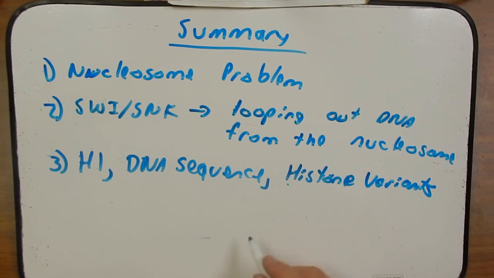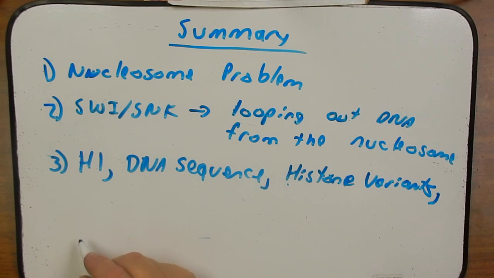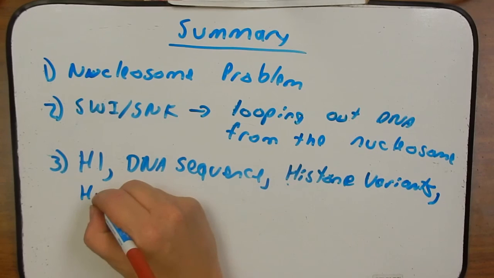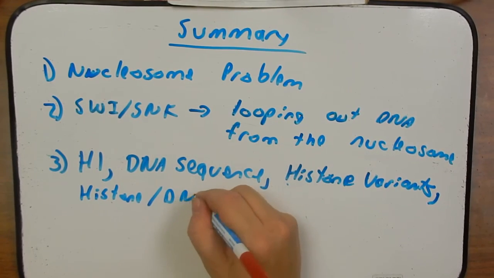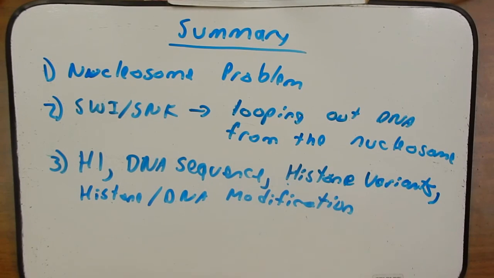We talked about histone variants and how there are variations to the classic histones of H2A, H2B, H3, and H4, and how these variants sometimes have different affinities for DNA, which could help expand that DNA for transcription. And then we talked about histone and DNA modifications, just at a very basic level, and how that can expose the DNA.